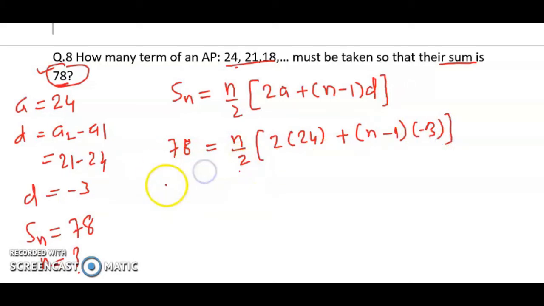So this 2 will multiply here, so 78 multiplied by 2 becomes 156. 24 multiplied by 2 is 48, and this minus 3 will multiply with the bracket, so we get minus 3n plus 3.